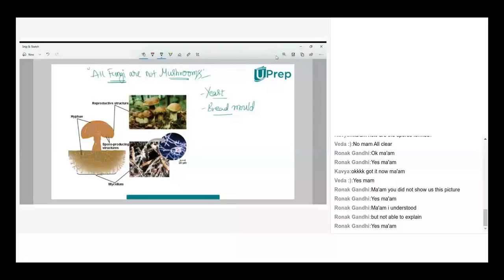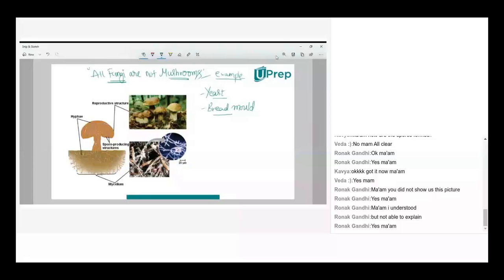I'll give different names of fungi also, like algae. Mushroom is one example of fungi. But all mushrooms are fungi. What that statement indicates is that no mushroom can be algae or bacteria. Understood? If you reverse the same sentence, all mushrooms are fungi, it means mushroom can be only fungi.